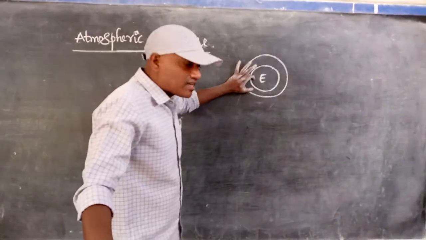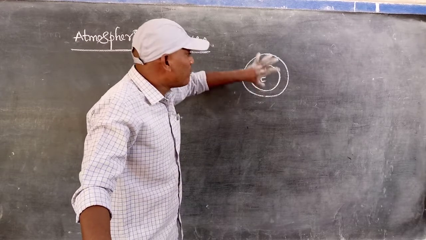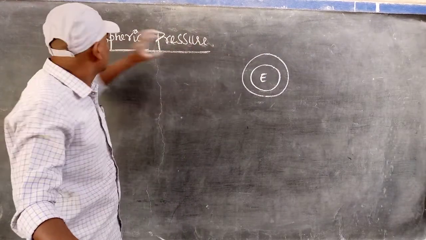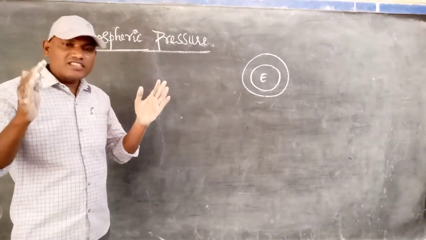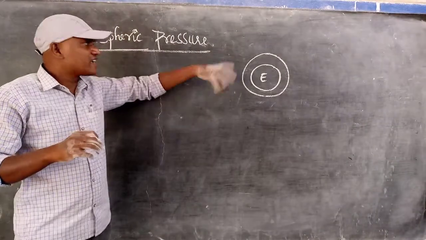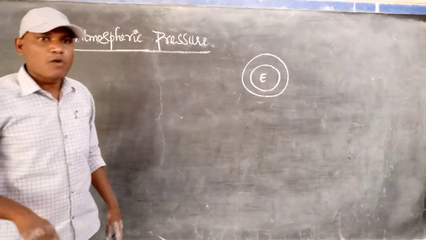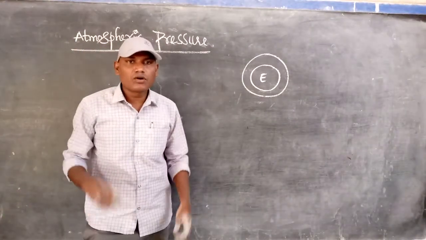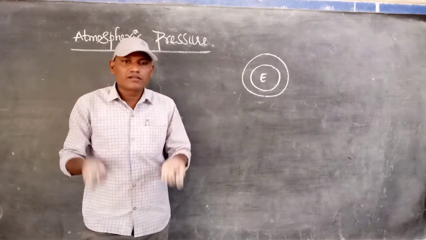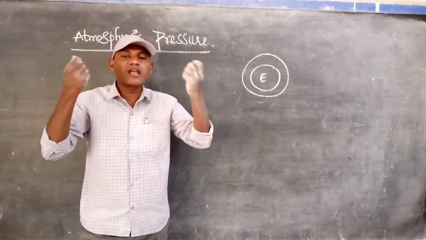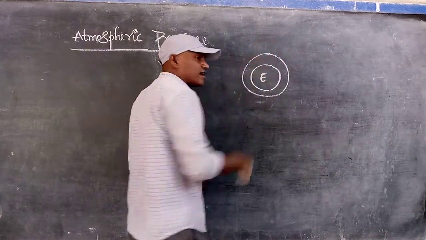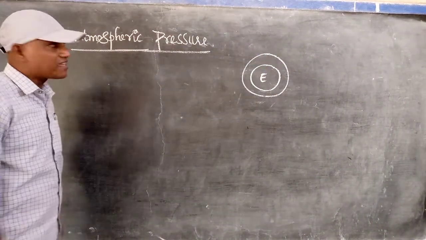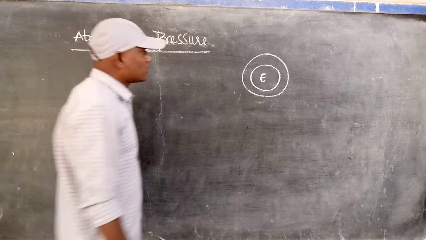Our earth is surrounded by a blanket of air, which is called the atmosphere. A blanket is what you use for covering your body. In the same way, the earth is totally covered with some thickness of air, which is called the atmosphere.